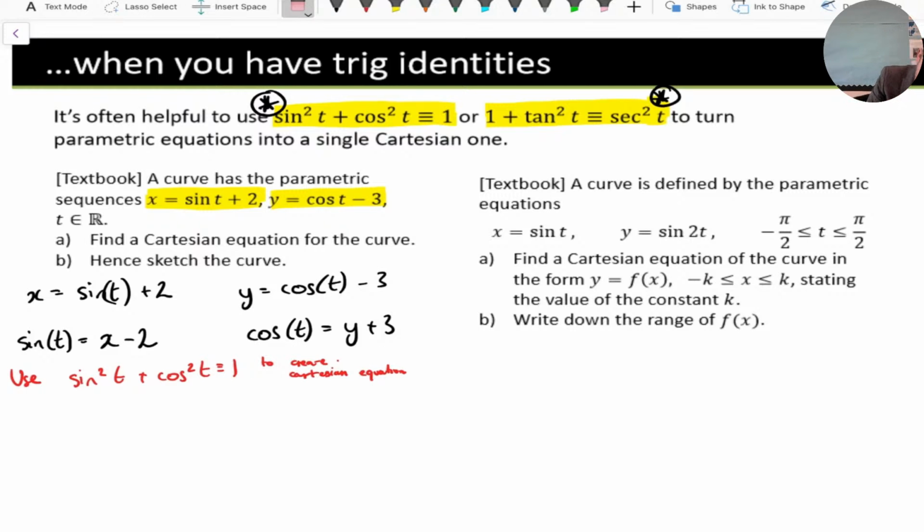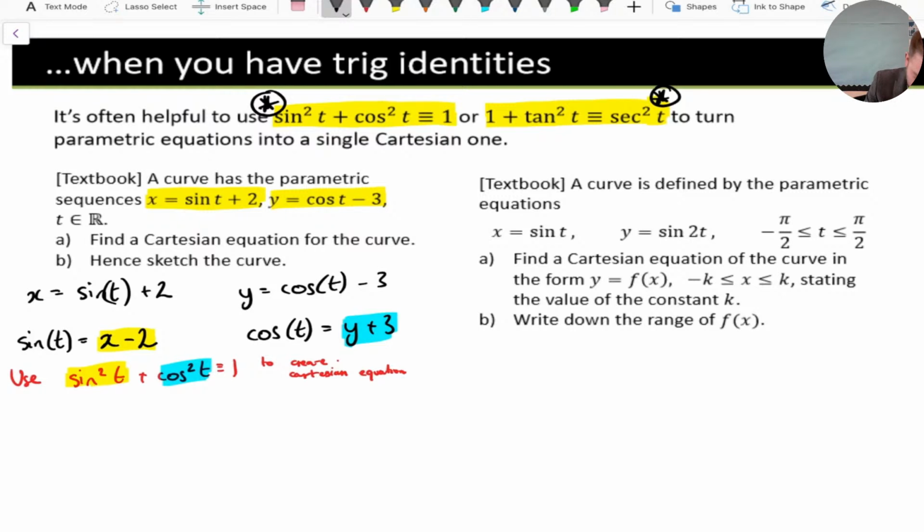So I'm going to substitute in now. I know that sine t is equal to x minus 2, and I know that cos t is equal to y plus 3. So I can substitute these into here, because that's sine squared t and cos squared t.